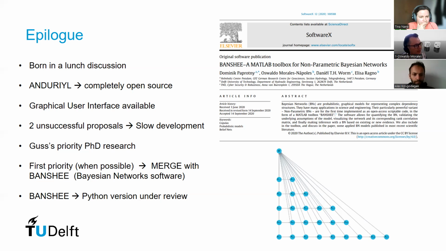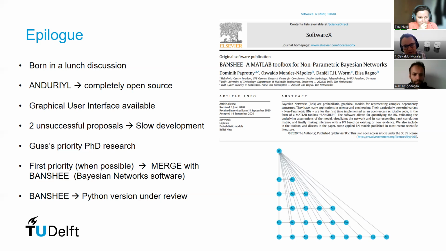Since the birth of Anduril, we've had 2 unsuccessful proposals to try to get more resources to keep developing Anduril. So the development of Anduril has been slower than we would hope for.